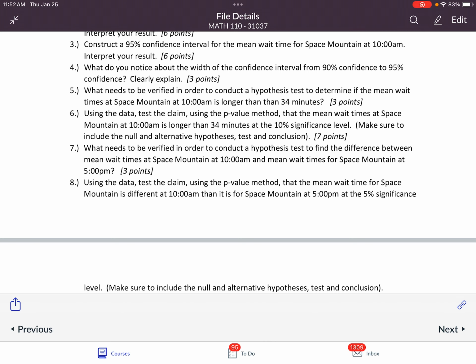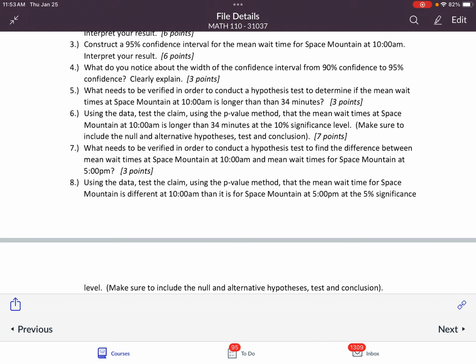So for this, you need to make sure you state H0 and H1, and then you need to use StatDisk for this problem, and you need to get a p-value. So make sure you do that, and then you need to compare it to our alpha value, which is given, and then stating if you're going to reject or fail to reject that null hypothesis, and then writing your conclusion just like how we have done in our notes.